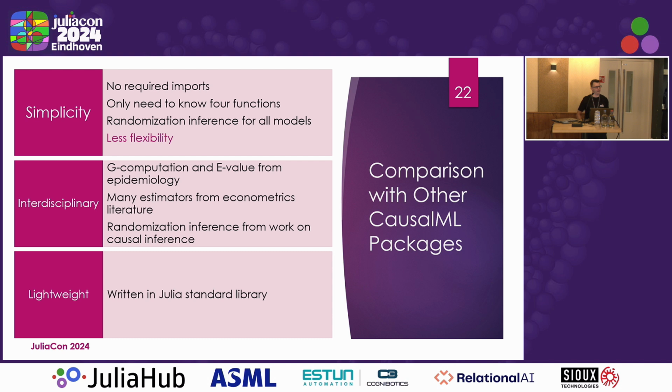A lot of these other estimators like doubleML, doubly robust estimation, come from econometrics or more broadly from statistics. And randomization inference, or permutation-based inference, comes more broadly from the statistics literature. So there's no single favored discipline or favored approach here in CausalELM.